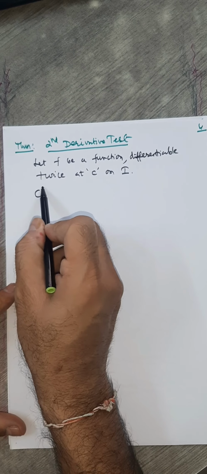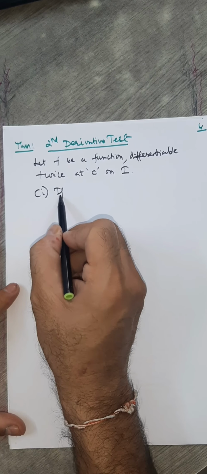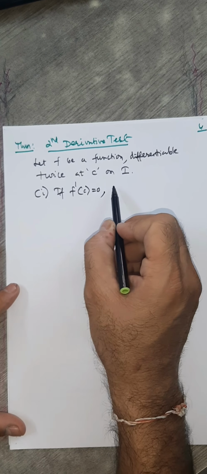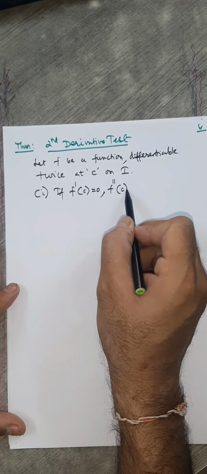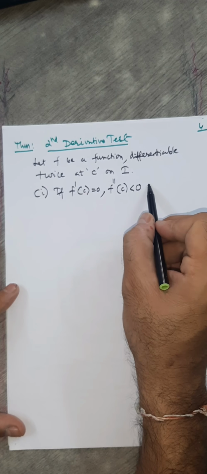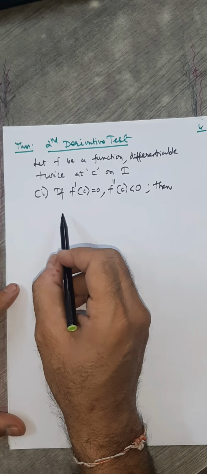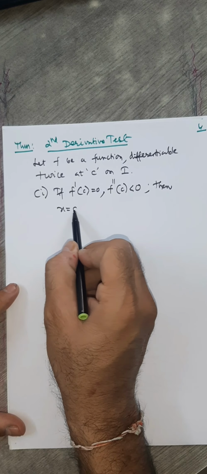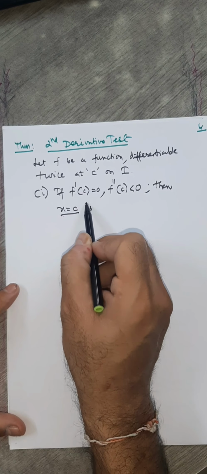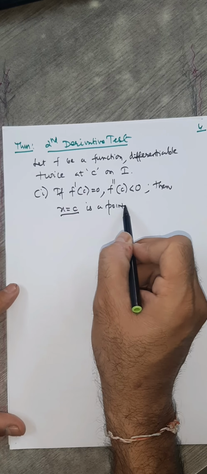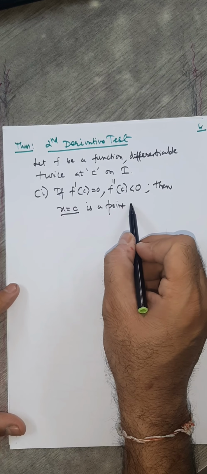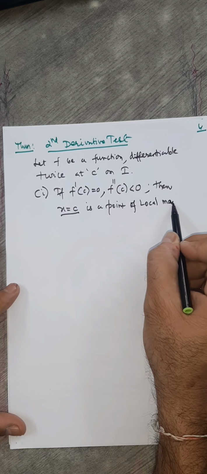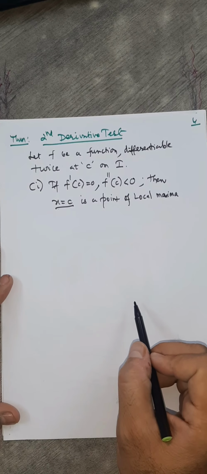Then the first part is: if its first order derivative at c is 0, and the second order derivative f double dash at c is negative, then the conclusion, this is a very important conclusion, is that x equals c, that is point c, is a point of local maxima.